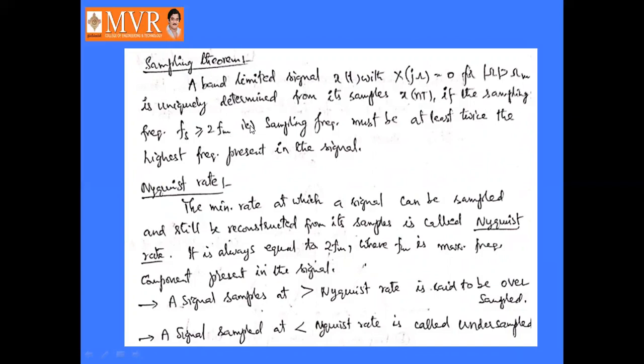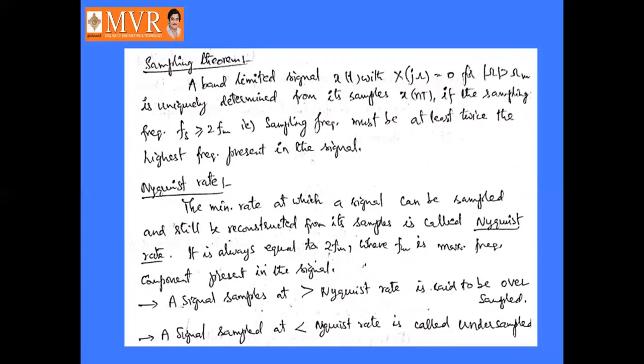That is, the sampling frequency must be at least twice the highest frequency present in the signal. That is the sampling theorem condition.